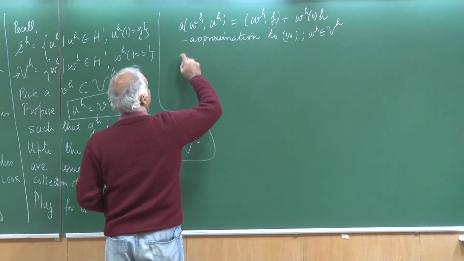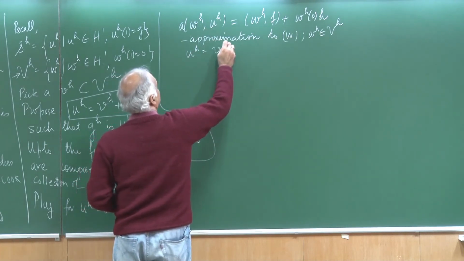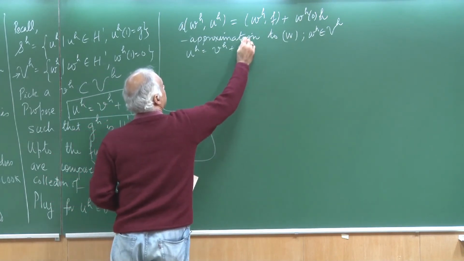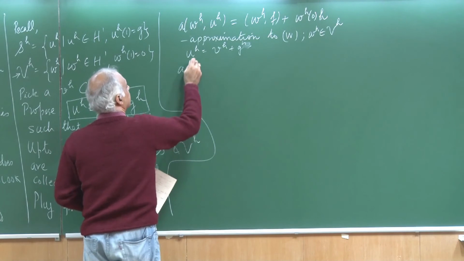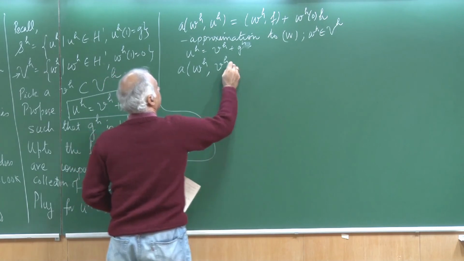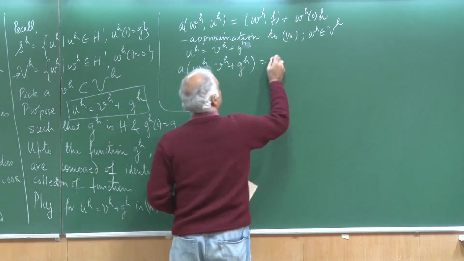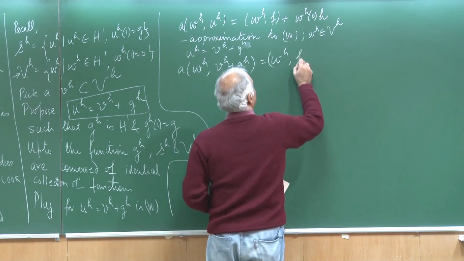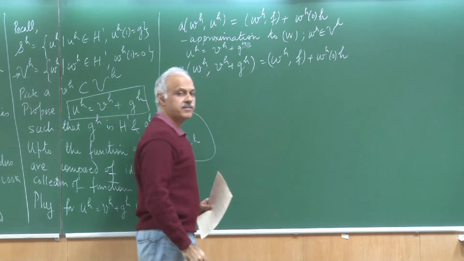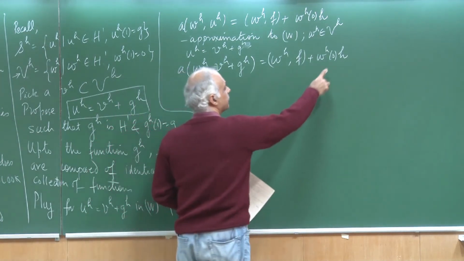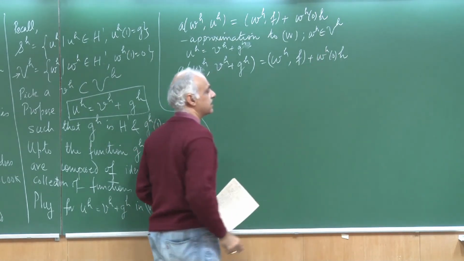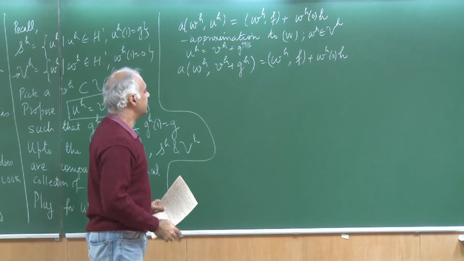So let me now substitute for uh. uh is vh plus gh, where h is a superscript, and if I plug this in, I would get A of wh comma vh plus gh equals wh comma f plus wh0 times h. I hope you are not going to get confused between this h, which is from the Neumann boundary condition, and the superscript h, which actually refers to the discretization.